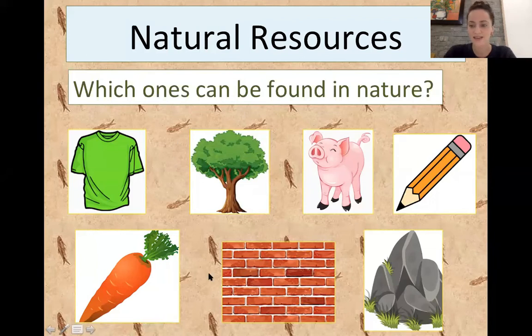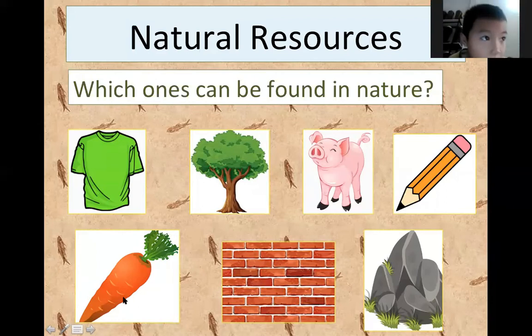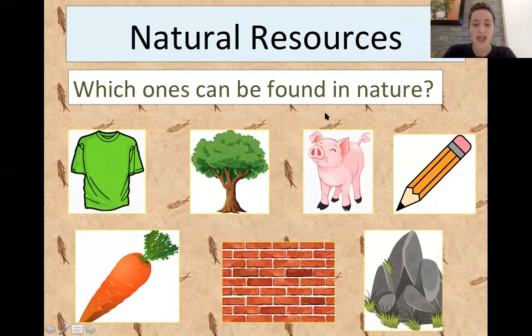Same with bricks. Do we find bricks in nature? No! But we find everything we need to make a brick in nature, like the mud, the clay, the soil.